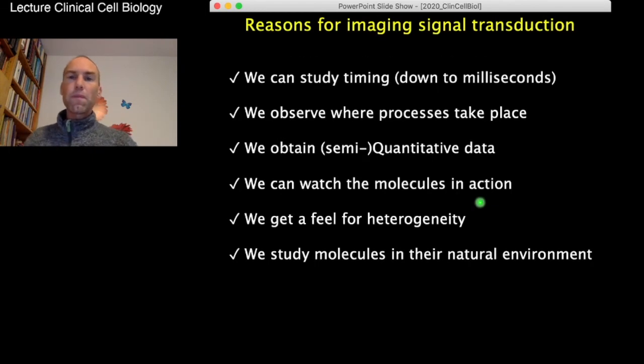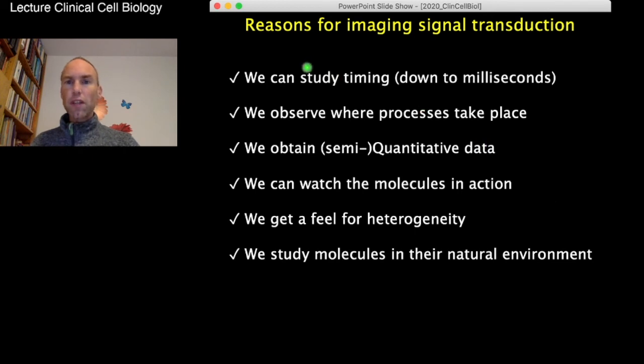Now, the rest of the talk will mainly deal with signal transduction, and we will be using microscopy as a tool to study signal transduction. So I would like to specify a couple of points why we are really fond of microscopy to study those processes.